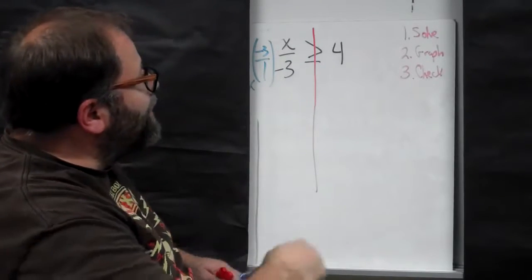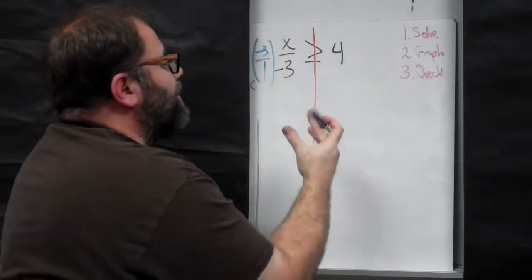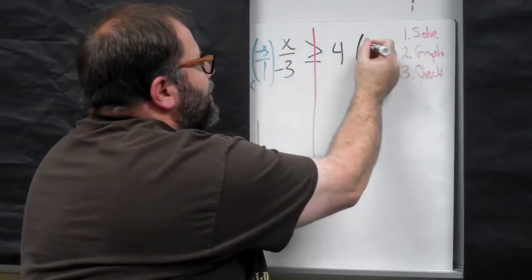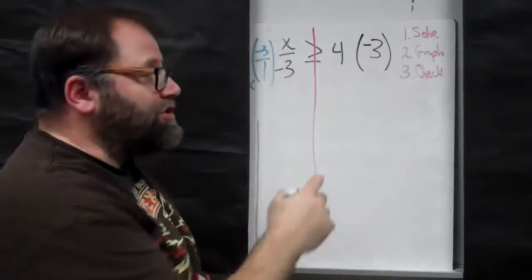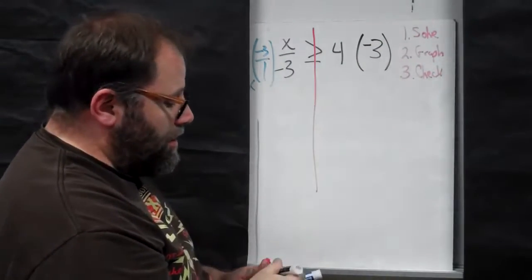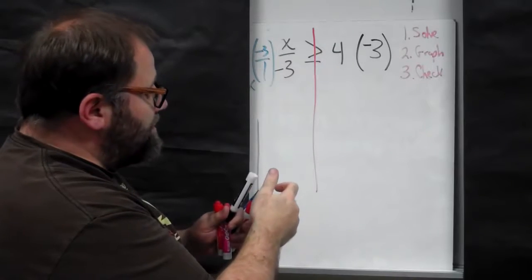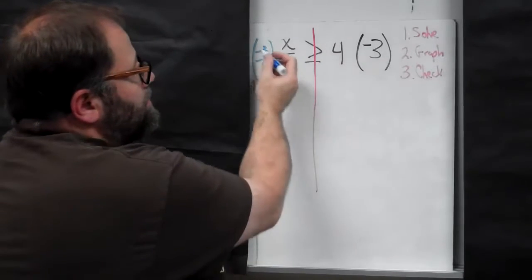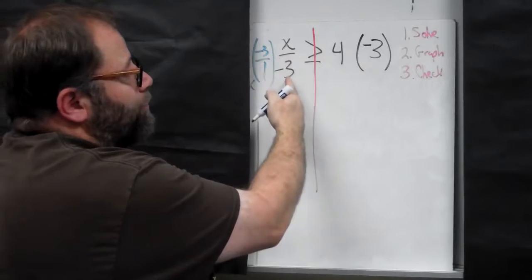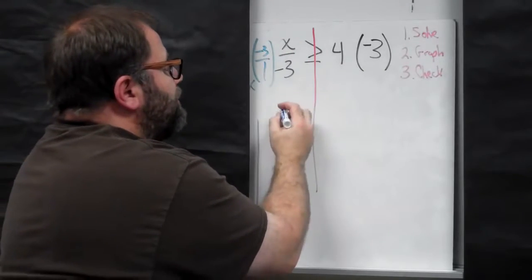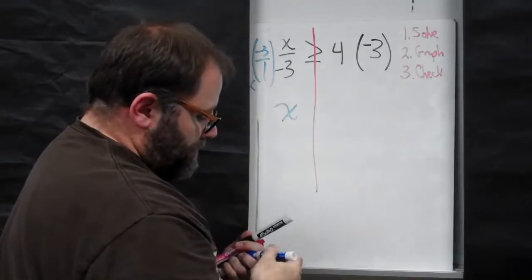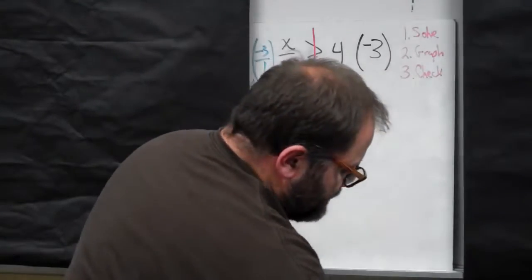Okay. So if we're going to multiply by negative 3 over here, we've got to multiply by negative 3 over here. And I'm just going to keep it as a negative 3. I'm not going to turn it into a fraction because this isn't a fraction either. And what I do know, too, is that when I do this multiplication, I end up with negative 3 in the numerator over negative 3 in the denominator, which equals 1, leaving me just x. That blue is no good.